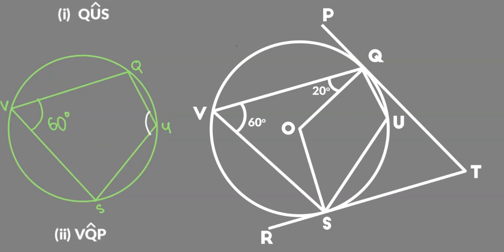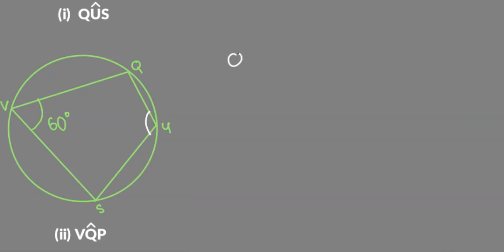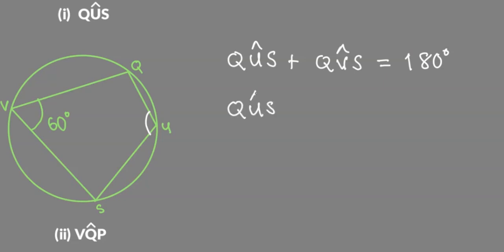Therefore, when I'm doing my calculation, I can easily find QUS, because QUS added to the angle which is opposite it is going to give me 180 degrees, and then we calculate the value of QUS. QUS is going to be the difference between 180 and the angle QVS, that is 60 degrees.